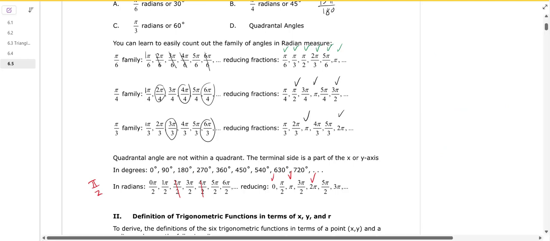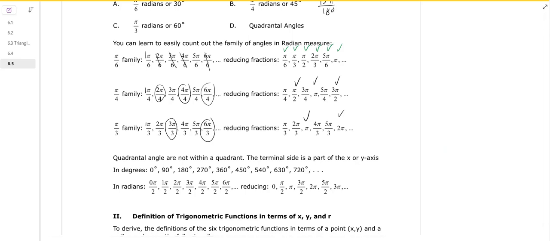Okay, and there's a couple of ways to show you how to do this. It's actually pretty simple. Let me make up an example here. Say that you had a 1200 degree angle, and for whatever reason you wanted to know what family that's in. Well, you just find what it's divisible by.